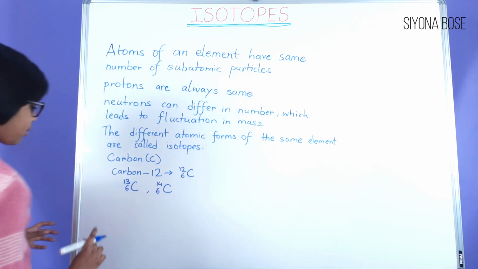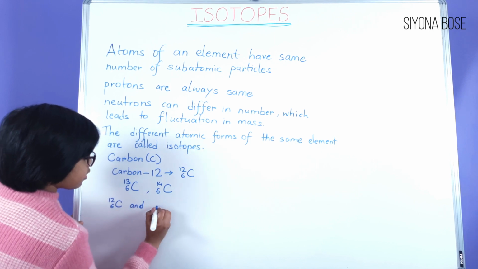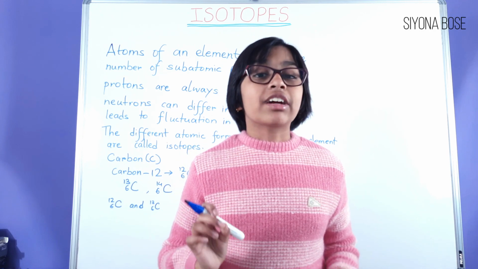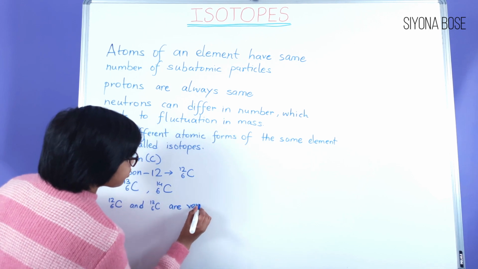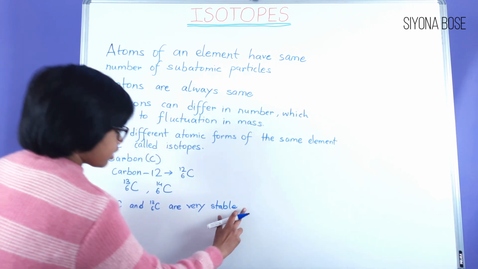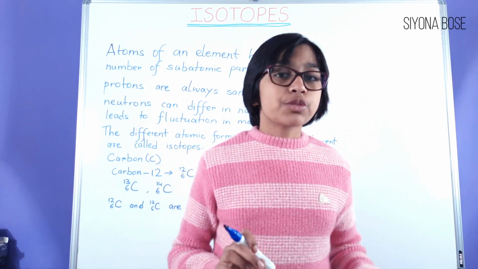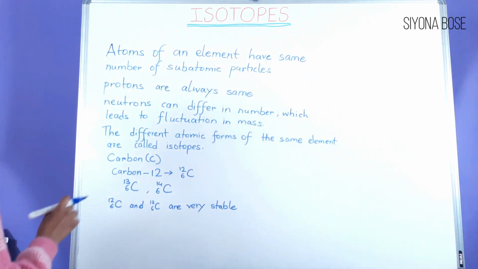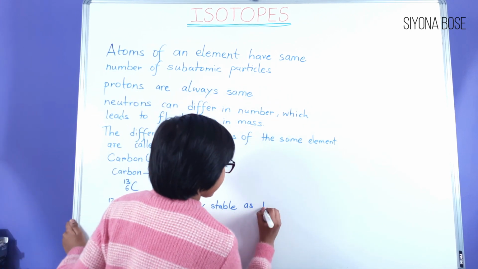We know that C12-6 and C13-6, these two isotopes are very stable, which means they don't lose any of their subatomic particles.